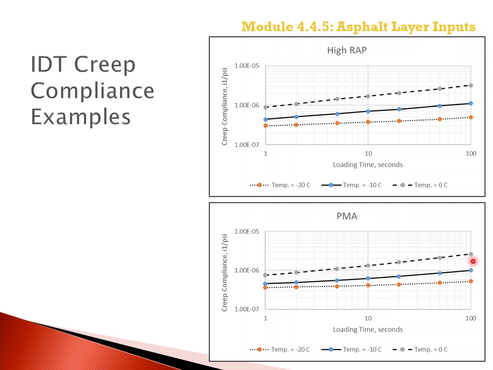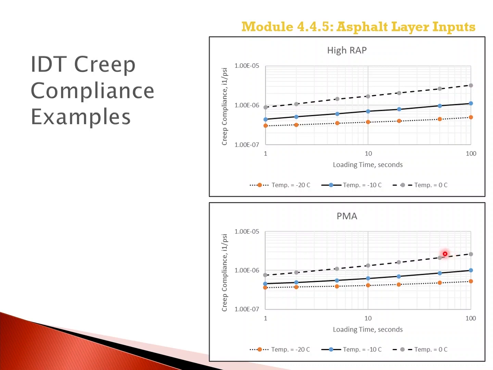For dense graded asphalt mixtures, the measured creep compliance values do not significantly increase for the colder test temperature of -4 degrees Fahrenheit or -20 degrees centigrade. While there is a substantial increase in creep compliance for the longer loading time, measured at 32 degrees Fahrenheit or 0 degrees centigrade.